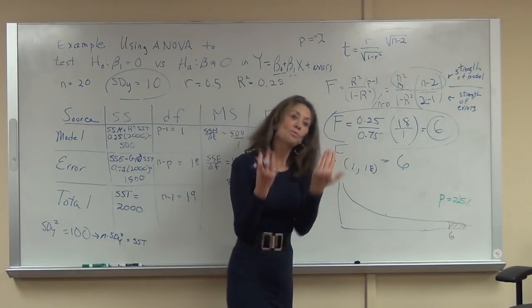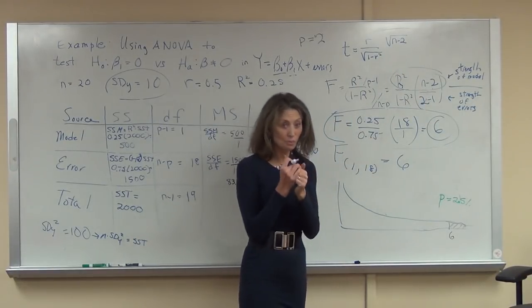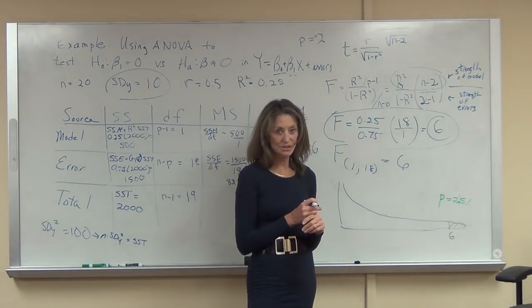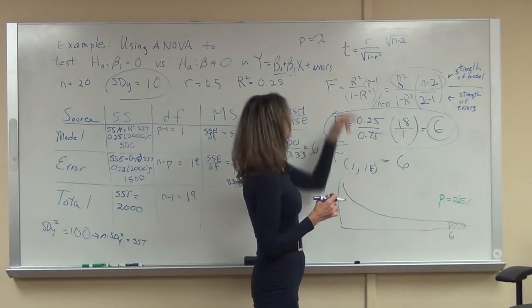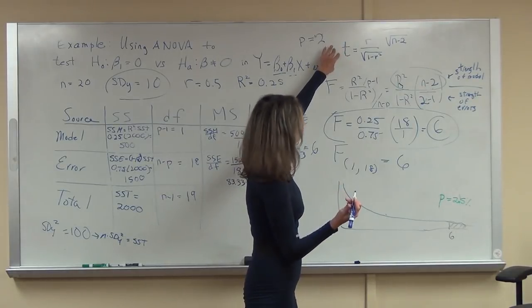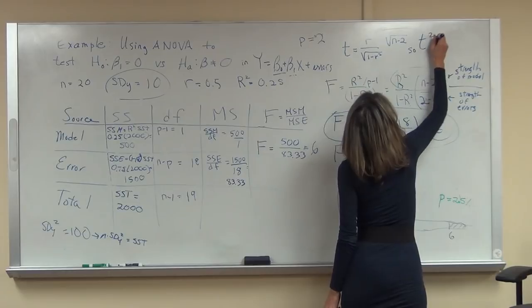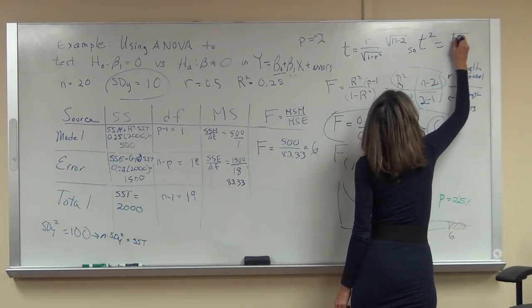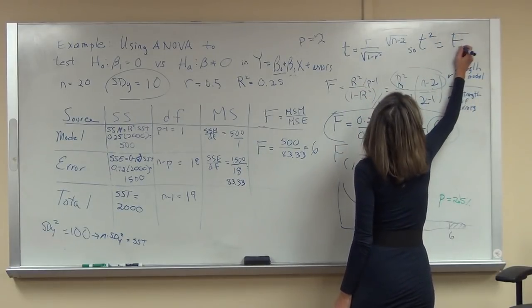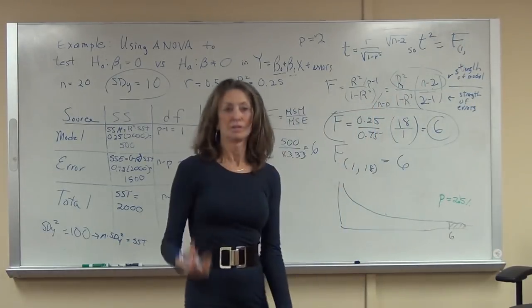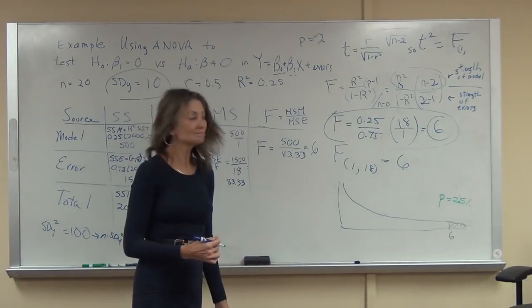So for 2 parameters for simple regression, where there's just one slope, t squared is equal to F when you have 1 degree of freedom in the numerator, when you have just one slope.